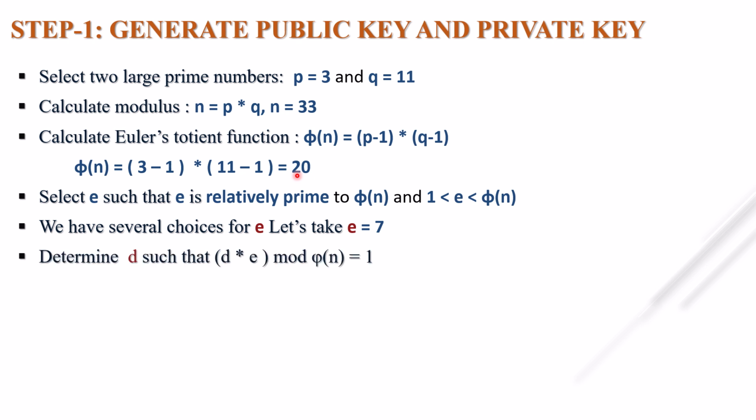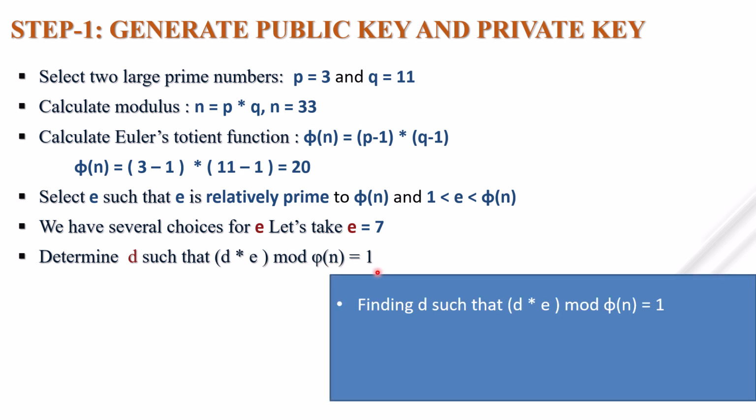Clear? Okay, now determine D such that, actually the formula is D into E mod totient function of N is equal to 1, but we can rewrite this as D is equal to (1 plus J into totient function of N) divided by E. It must be an integer, that is the value of D. We already have totient function of N, we already have E, and the value of J will start from 0.